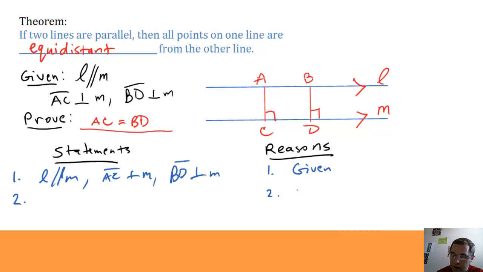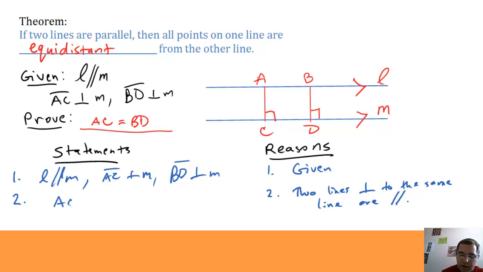that two lines perpendicular to the same line are parallel. So if I've got two lines, AC and BD, perpendicular to the same line, line M, then I know AC must be parallel to BD.